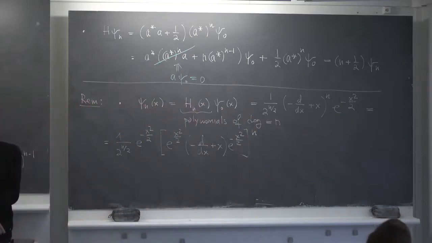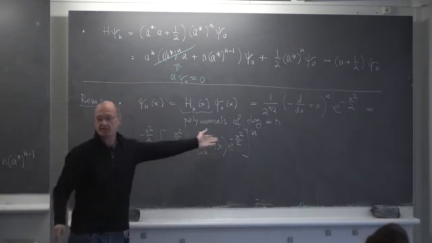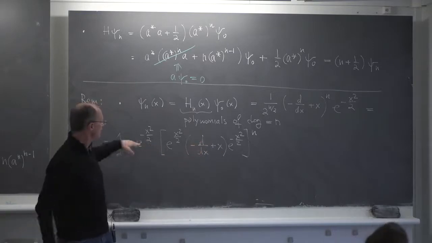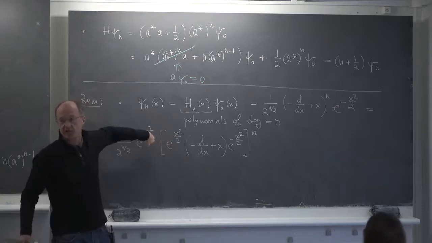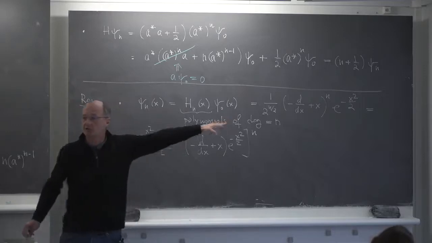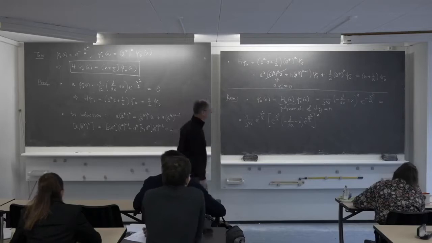Is it right? I conjugate each of them, but that's the same as conjugating the whole thing. And conjugating the whole thing, I compensate here. There was an extra exponential of x squared emerging on the left, I kill it. So this is actually equal to the expression that I had before.